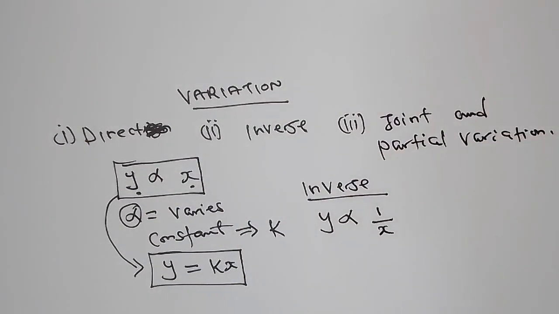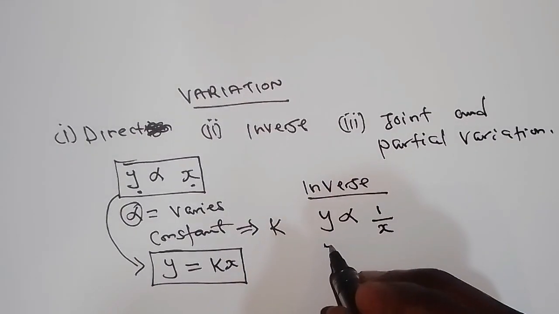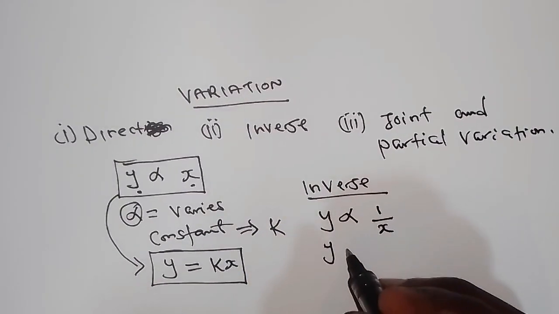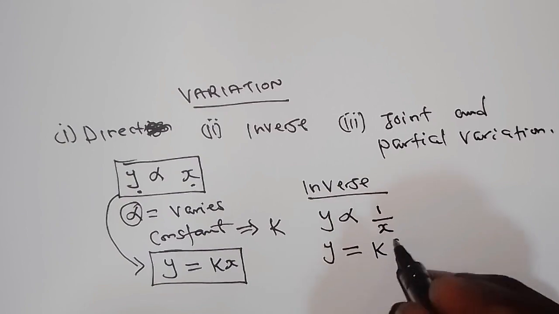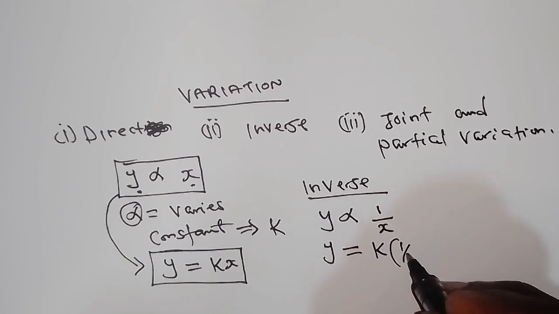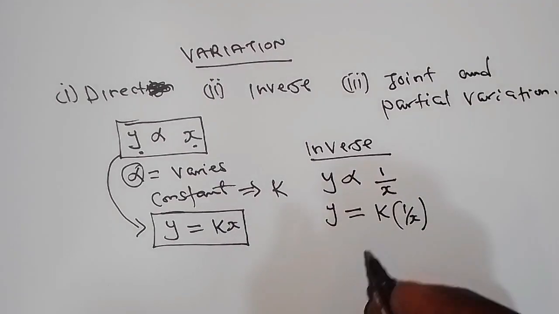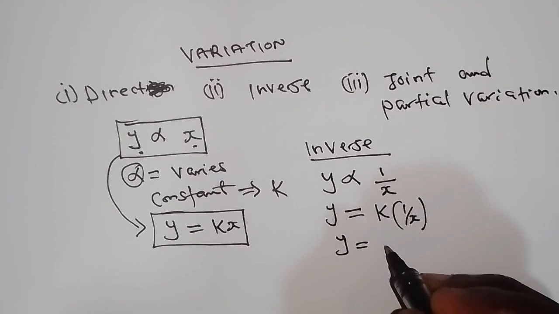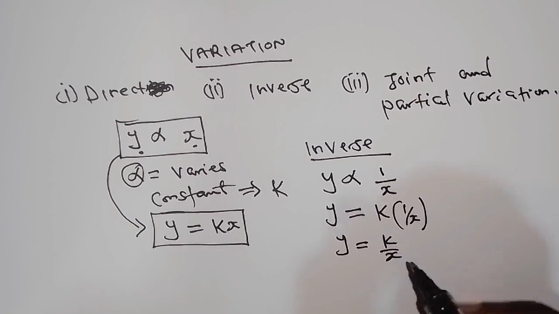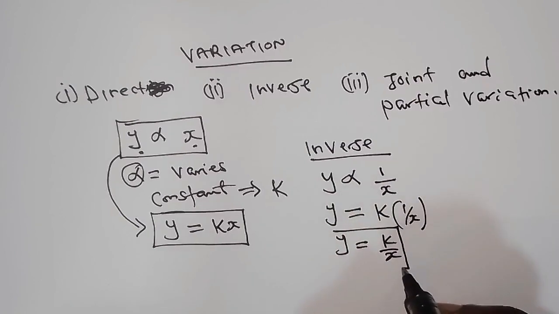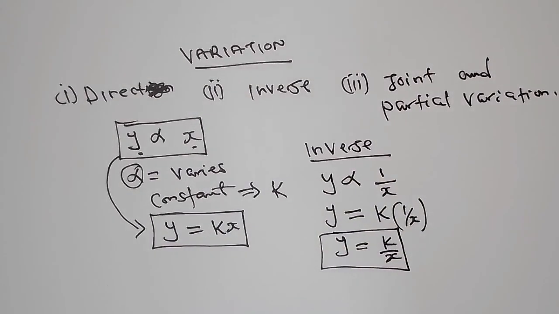Once you do that, you introduce the constant. It's going to be k, and then open bracket 1 over x. Okay. And from there you can simplify as k over x. So this is about inverse variation.